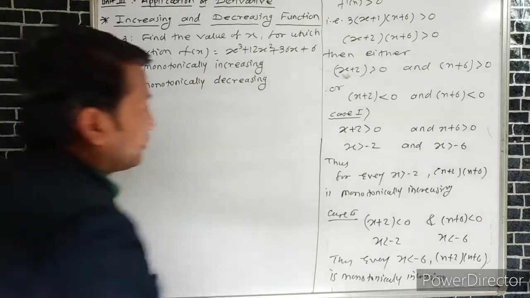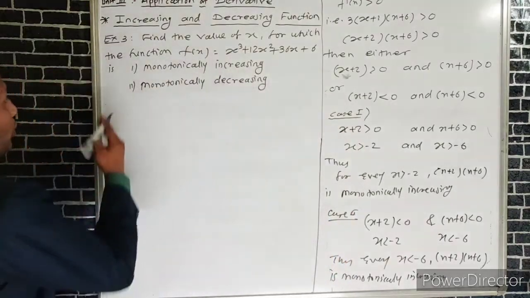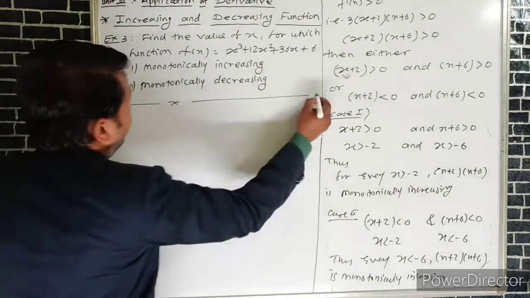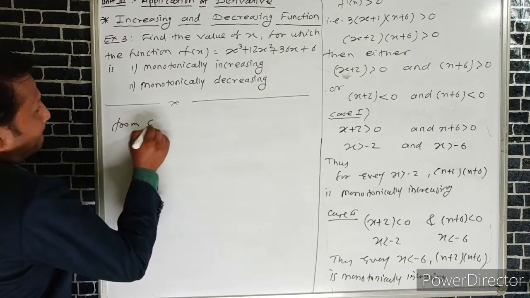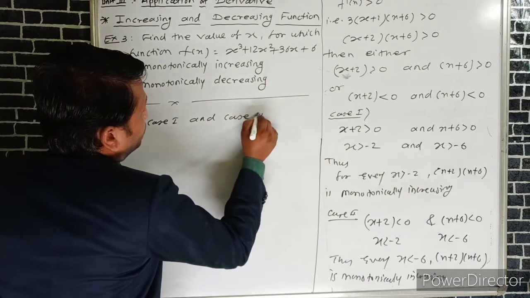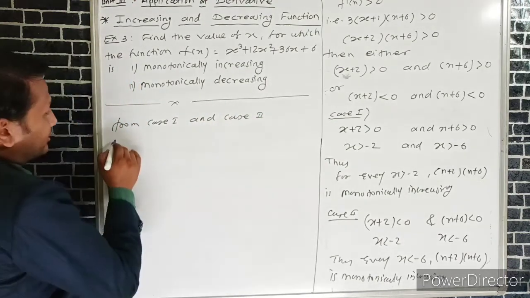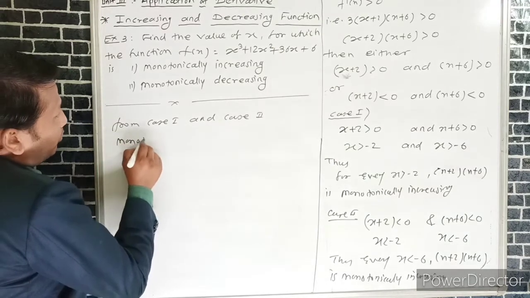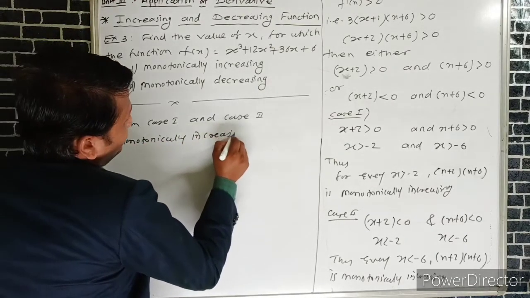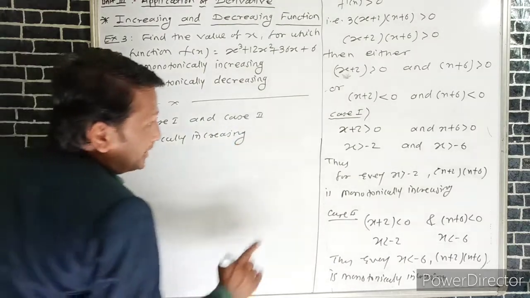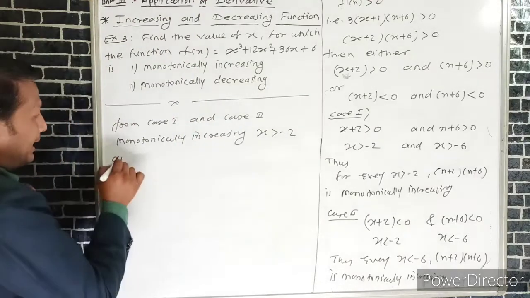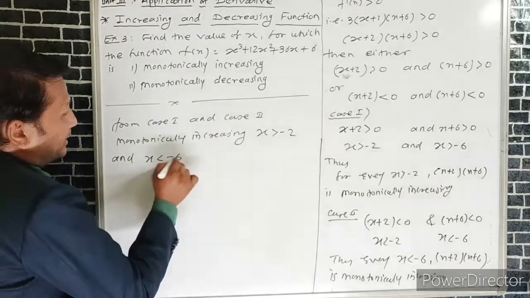Hence from case 1 and case 2, we can say that the function is monotonically increasing when x is greater than minus 2 and when x is less than minus 6.